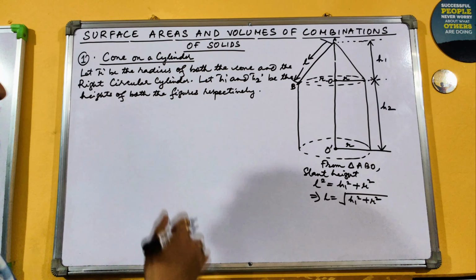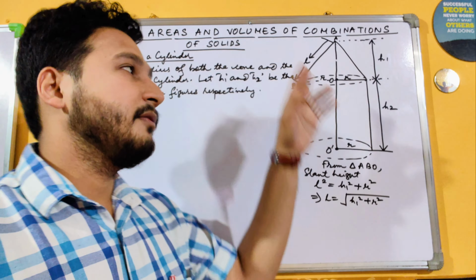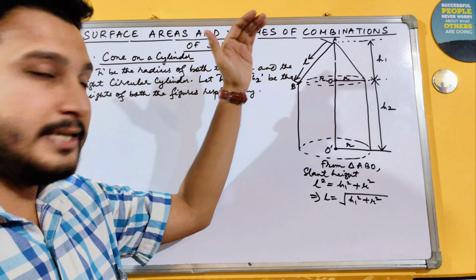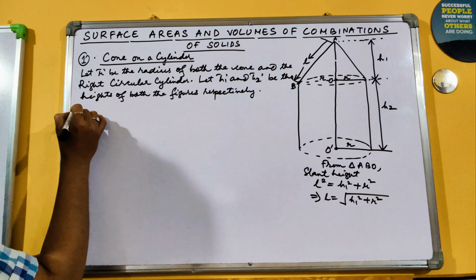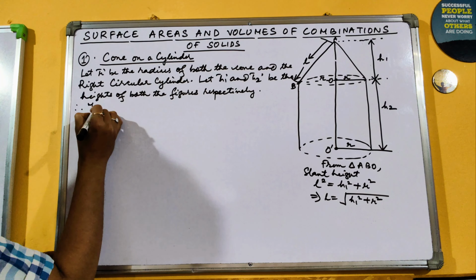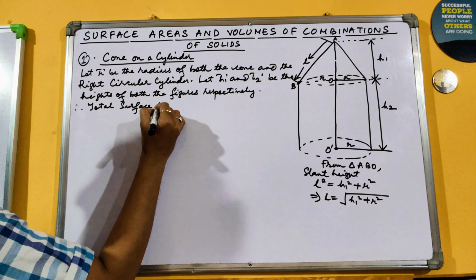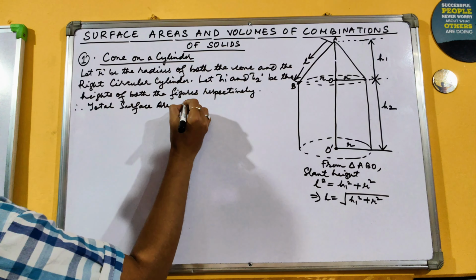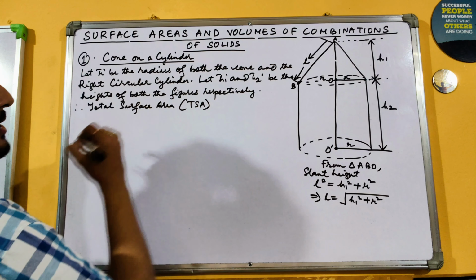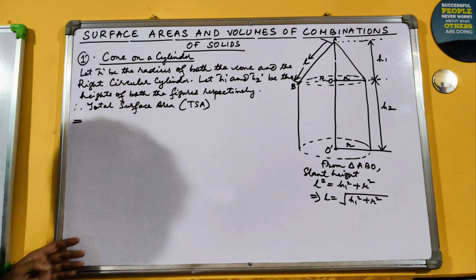Now let's find out the total surface area of the combination. We have to do this step by step. Therefore, the total surface area, we can name this as TSA. So what do you get here?